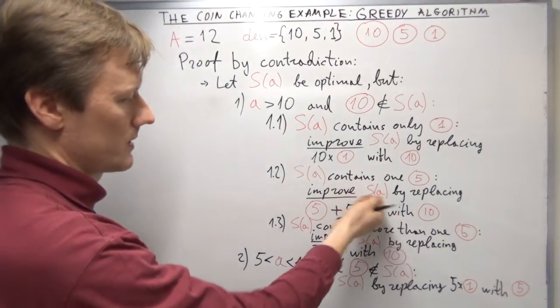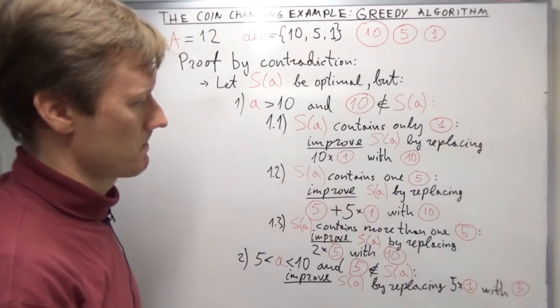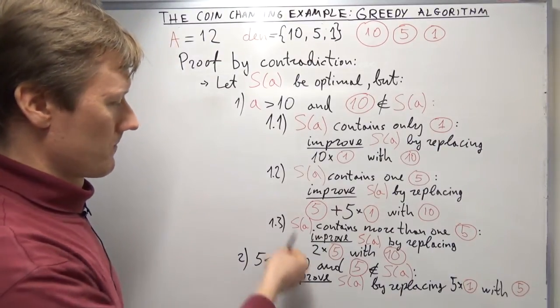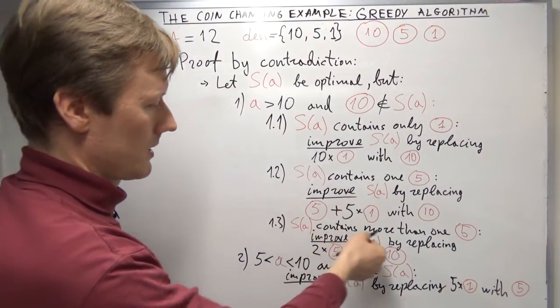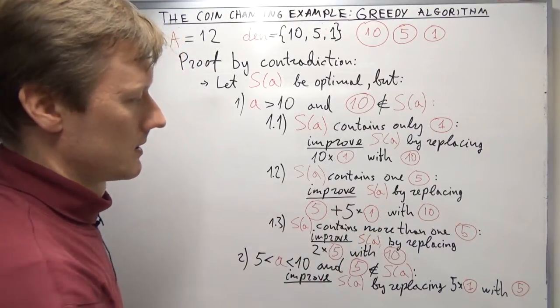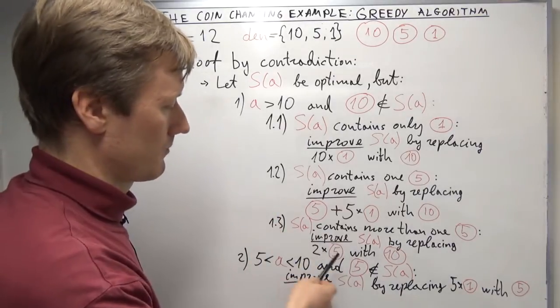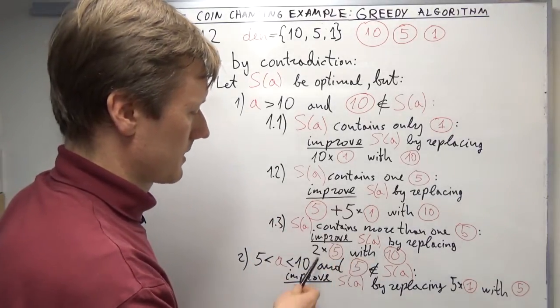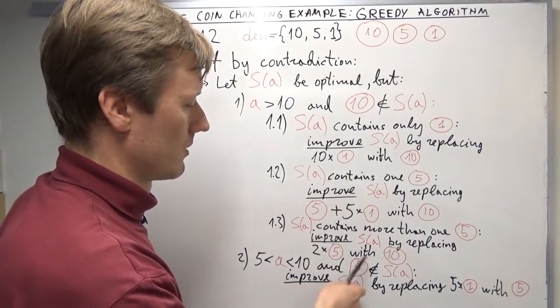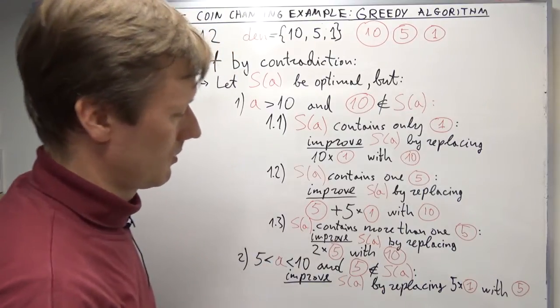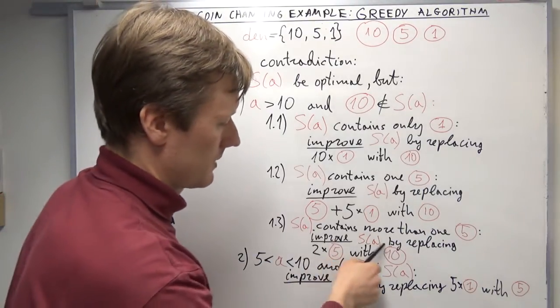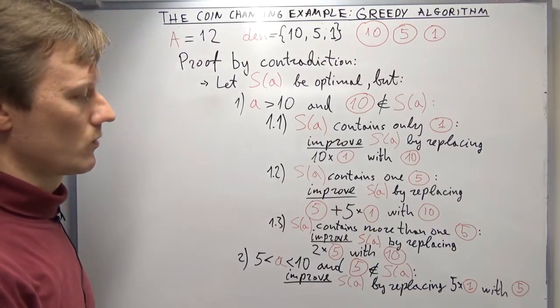So we improve SA by 5 coins. And finally, if SA contains more than one 5 krona coin, we still can improve it by replacing 2 such 5 krona coins with one 10 krona coin, improving the solution by one coin.